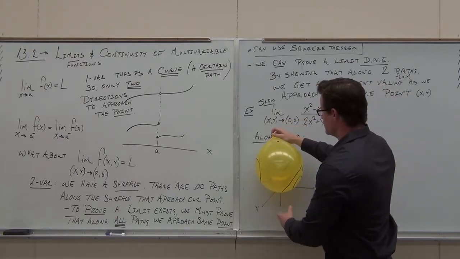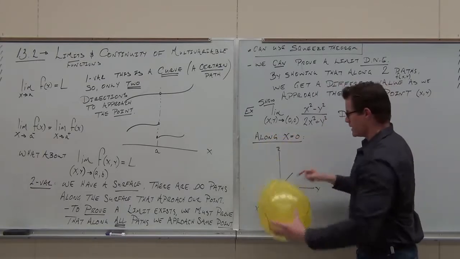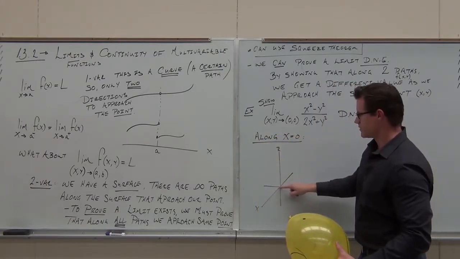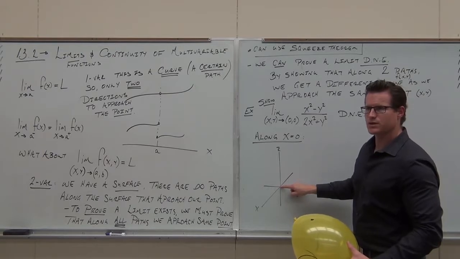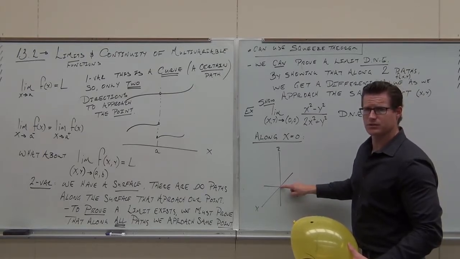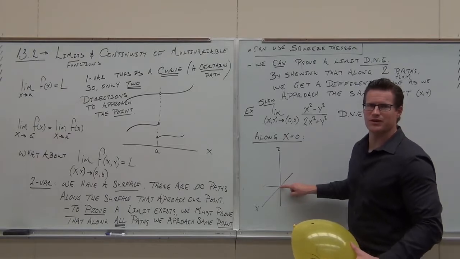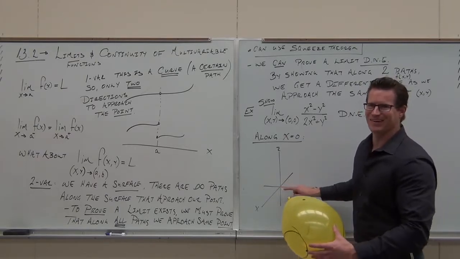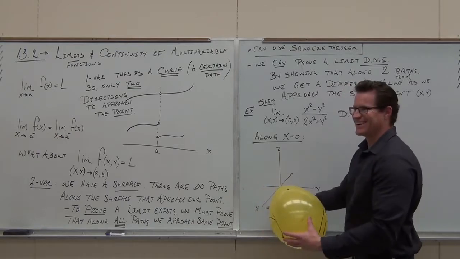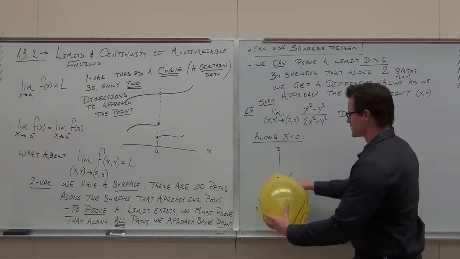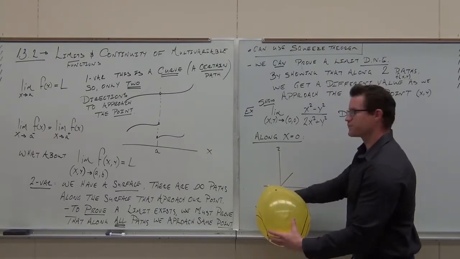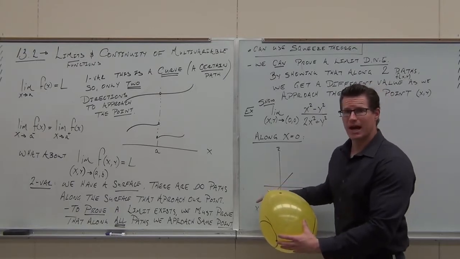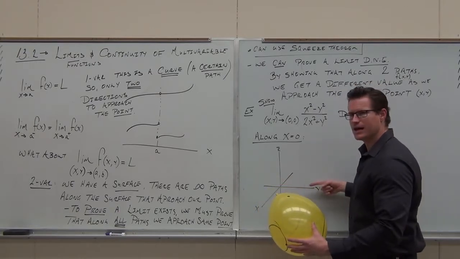If I let you do x equals 0, x equals 0 goes way back here. Then what's the only variable that we have left? Yeah, it's y. If I let x equals 0, then I say let's force that to be 0, we would be traveling along the y-axis.